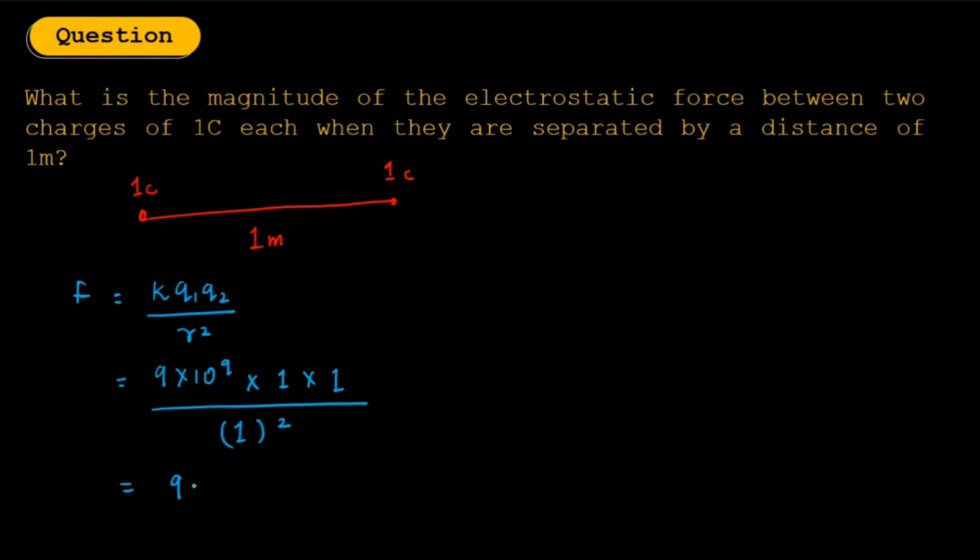So what are we going to get? We are going to get 9 into 10 to the power 9 newtons. This is what the force will be. A very simple question, but from now the level of questions will increase. So try to understand and try to apply the relation well.